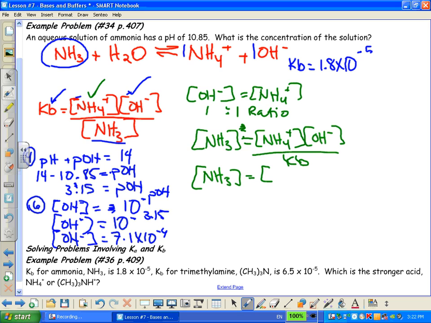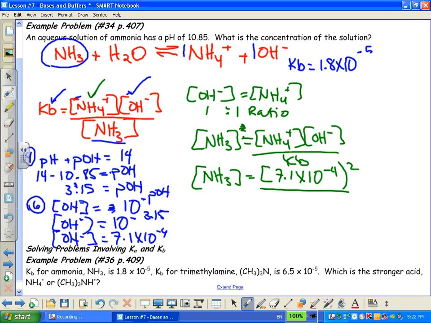Because ammonium is equal to hydroxide, I'm just going to put the same value and then square it. So 7.1 times 10 to the negative 4, to the power of 2.